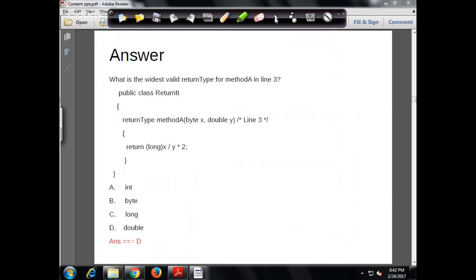So these 5 questions that we saw were from the topic variables and data types. I really hope you learned some concepts behind variables and data types, and that it will help you answer some AMCAT questions. Now we are going to move to the next topic, which is operators. The next question that I'm going to throw to you is from the topic operators, so have a look at the question and try to answer with the right option.